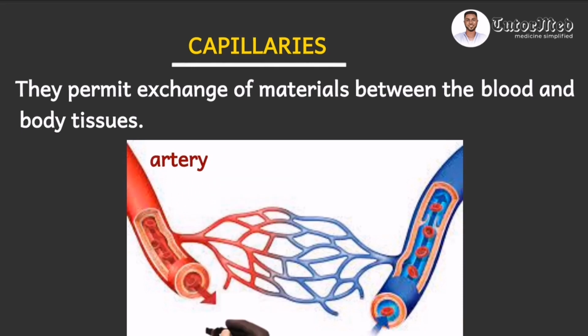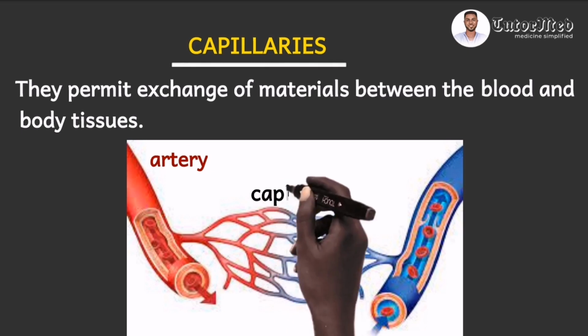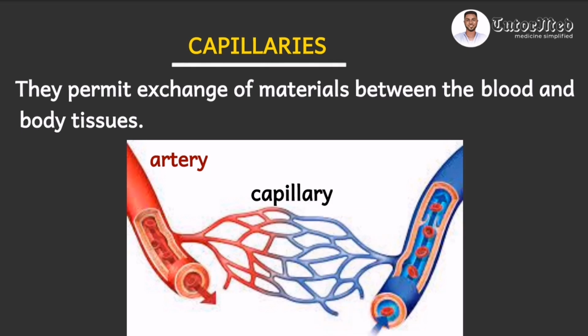The artery would bring blood, usually oxygenated, from the heart into the tissues. Then it will get into the capillaries, where there will be exchange of materials between the tissue and the blood, mostly oxygen and fuel like glucose.